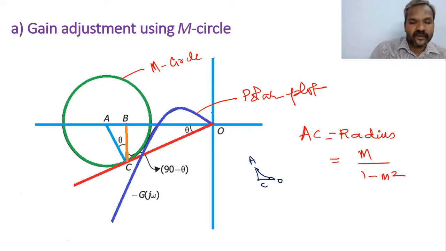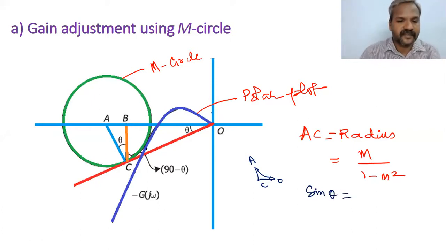So what is sin theta? Sin theta equals opposite by hypotenuse, so AC by OA. Am I right? AC by OA.